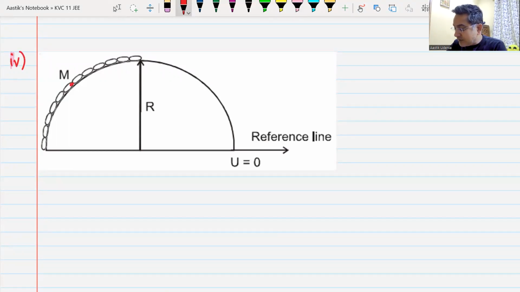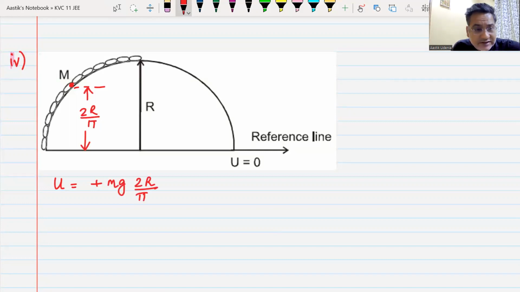Again, I have to locate the center line, and you must remember that the height of this center from the ground horizontal level is 2r by pi. So the energy becomes plus mg into 2r by pi.